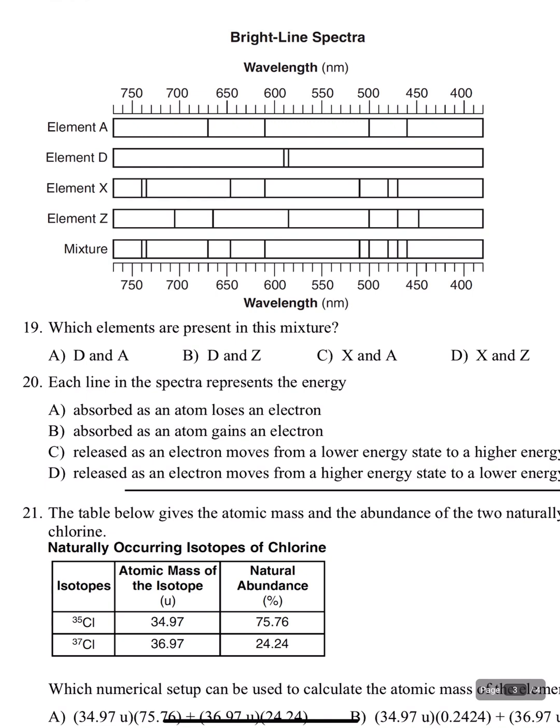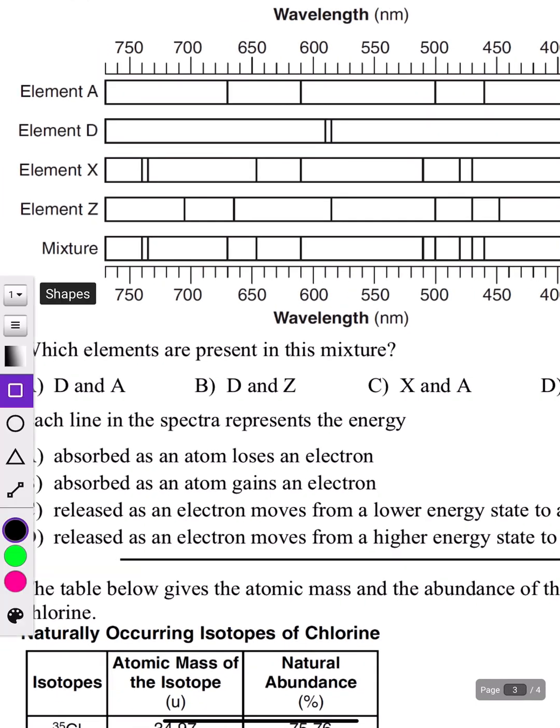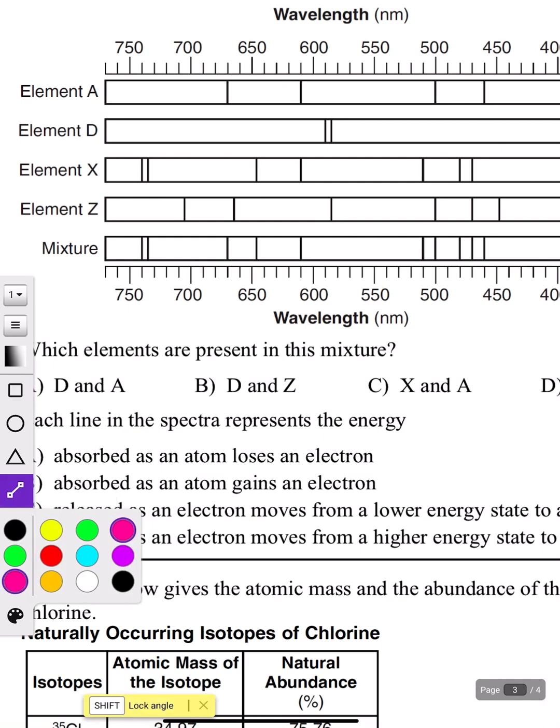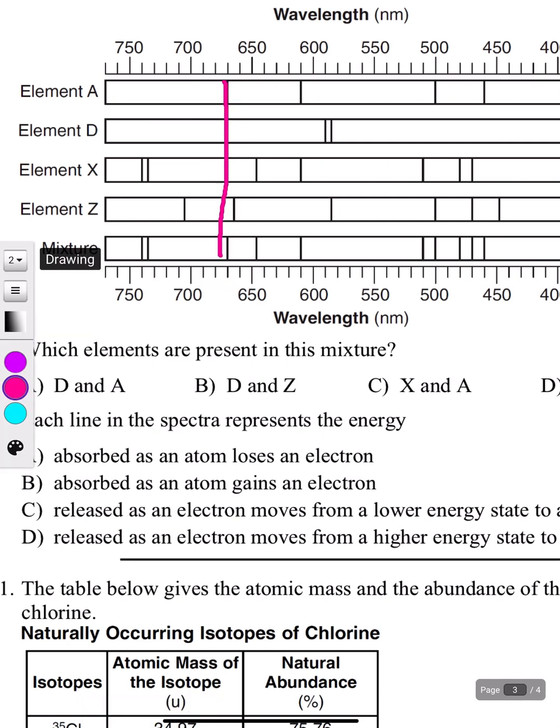Let's look at 19 and compare the lines from each element to the mixture. So for 19, let's look at A first. Okay, A. This line is present in here.